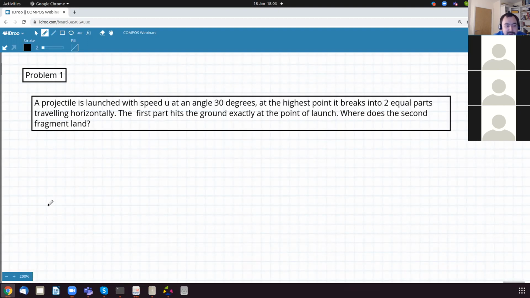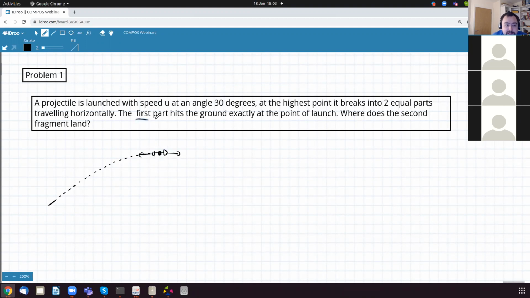So we have a projectile launched at an angle, and at the highest point, it breaks into two fragments. One is traveling to the right, and one is traveling to the left. How do we know that they travel in this direction?